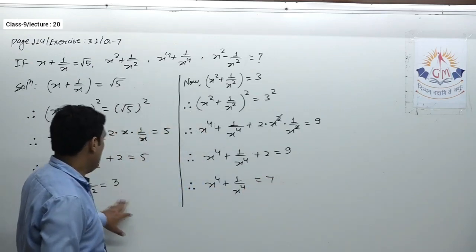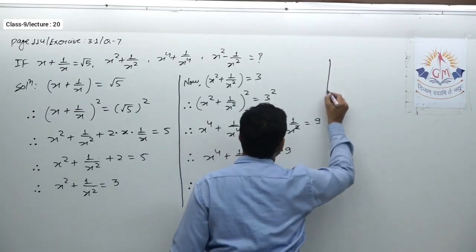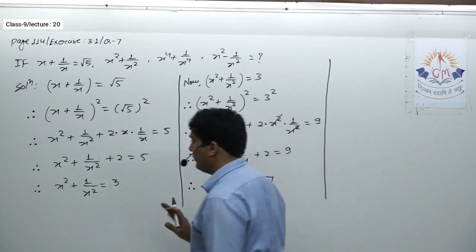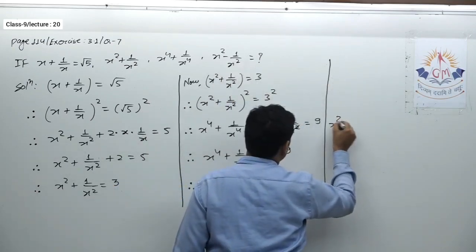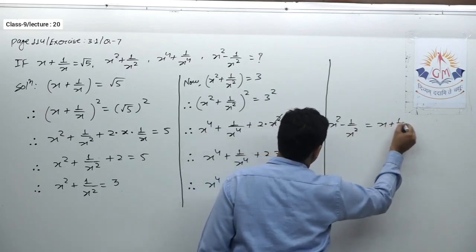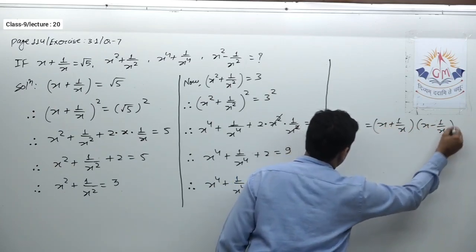So this is very easy. Now let us see how to obtain this. I will give you a hint on how you have to find this. See, this x square minus 1 upon x square can be written as x plus 1 upon x into x minus 1 upon x, isn't it?